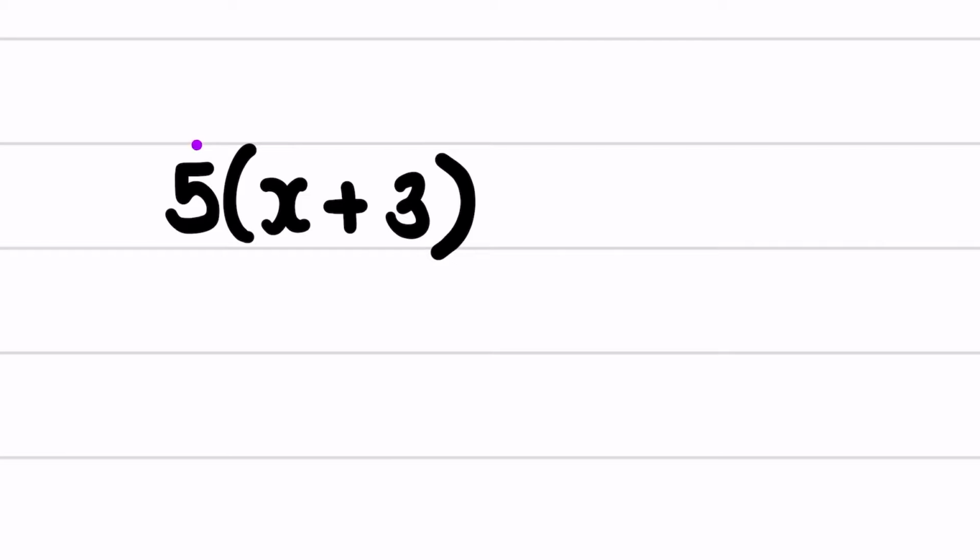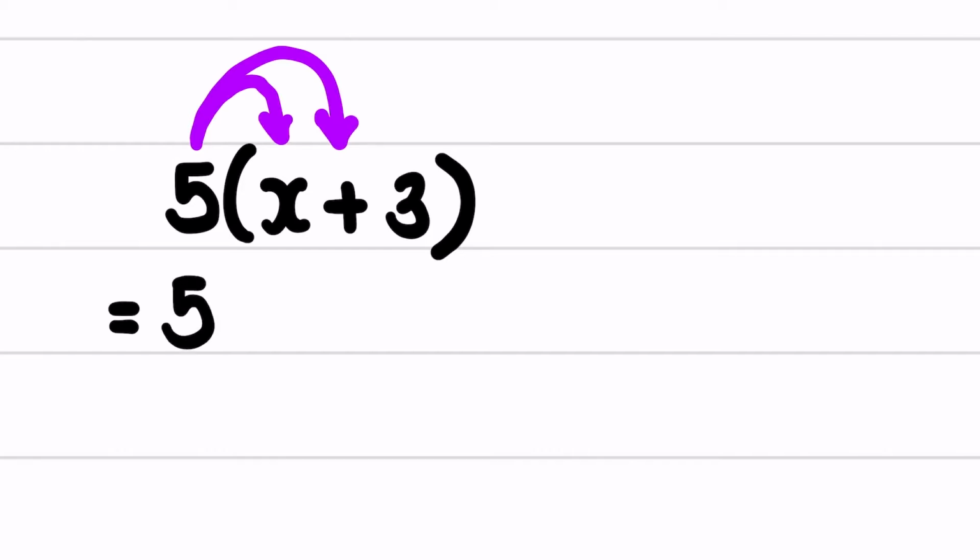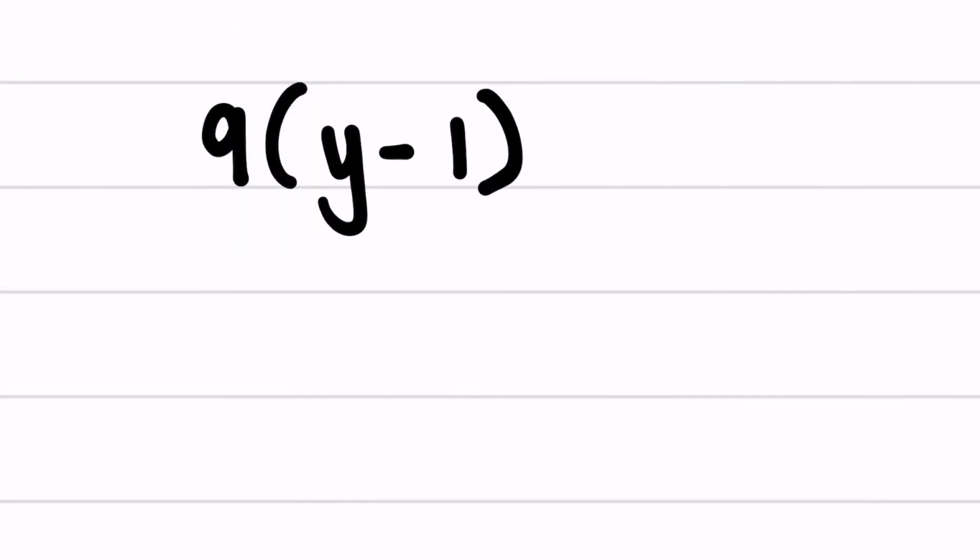That means the 5 outside the bracket is going to multiply with both of the terms inside the bracket. So 5 times x is 5x, 5 times positive 3 is positive 15. Alright, looking at the next example, we have 9 into y minus 1.